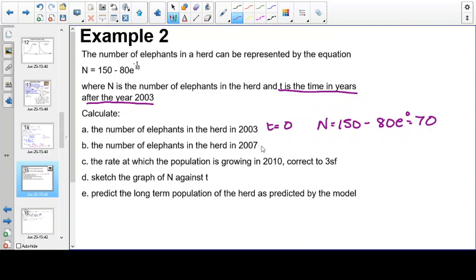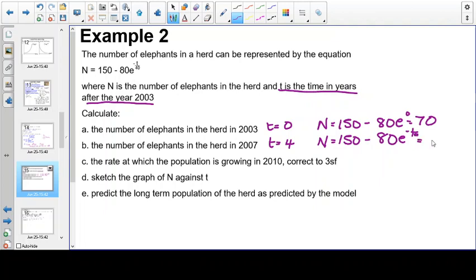The number of elephants in the herd in 2007, so in 2007, that's going to be when t equals 4. So n equals 150 minus 80 e to the minus 4 over 40, or minus 1/10.